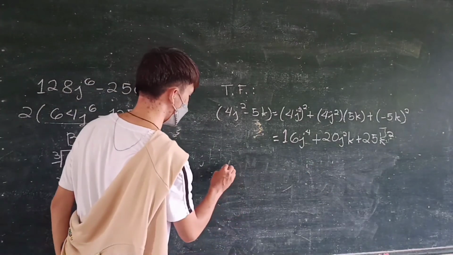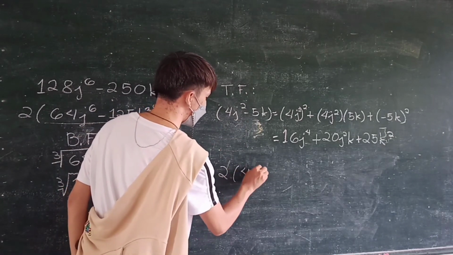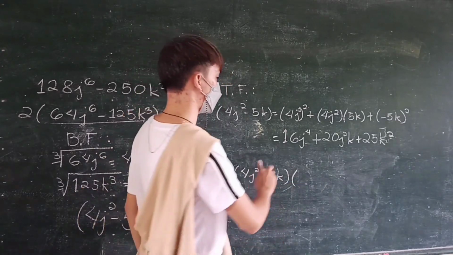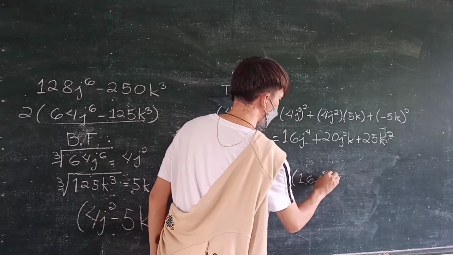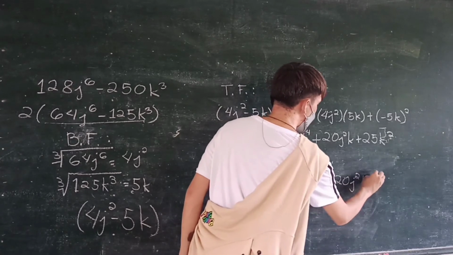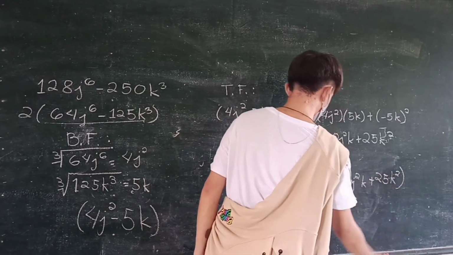So we have 2, then the binomial factor, 4j squared minus 5k, and the trinomial factor, 16j to the power of 4 plus 20j squared k plus 25k squared.